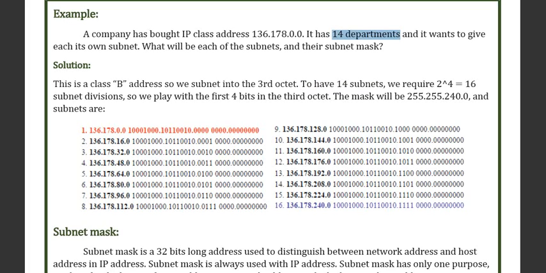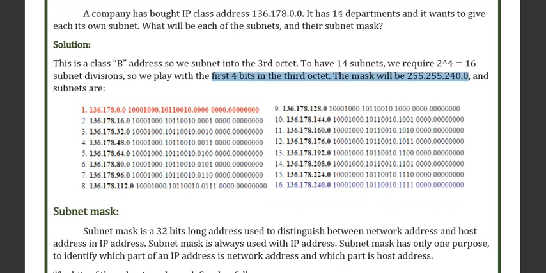That means we require 2 to the power 4, which is 16 subnet divisions. That's the reason we play with the first 4 bits of the third octet. That mask will be 255.255.240.